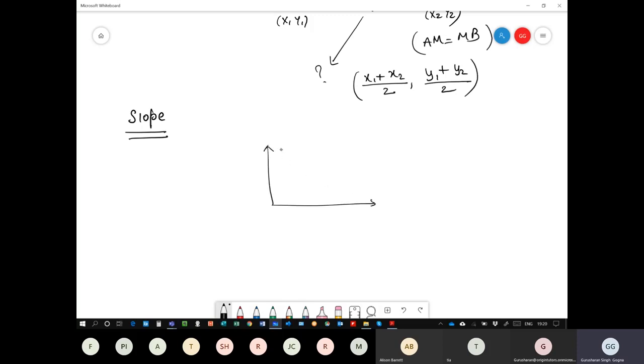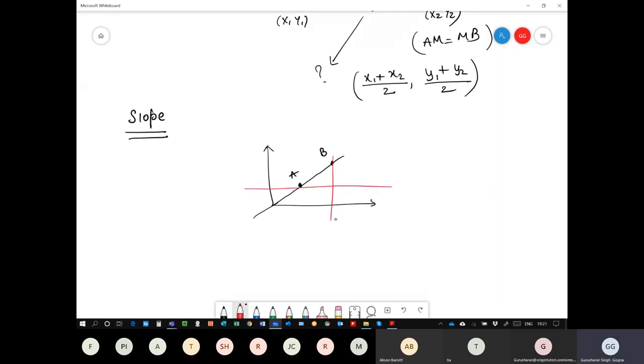If something is not parallel to the ground, we will say it has a slope, inclined or declining. So let's say I have a line passing through the origin, and I want to find out the slope of this line. So how will you find out? You need 2 points on the line, it doesn't matter which. You can take any 2 points.